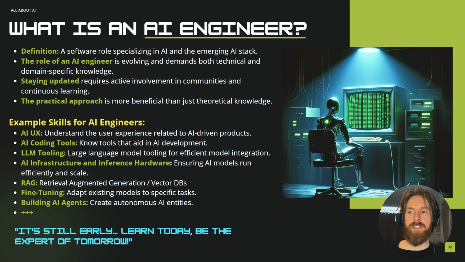RAG, retrieval augmented generation, vector databases. I think that could be very important. We're also going to take a look at that later. Fine-tuning, that can be very important going forward, and it already is maybe. And I put down building AI agents. This is more, maybe. We're going to do some narrow agents. I have a plan for that. So it's going to be interesting.